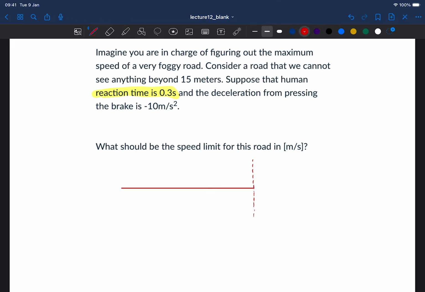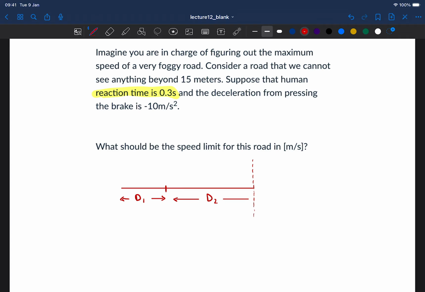So the motion is divided into two parts. The part where it's still going without deceleration and the part where you decelerate. And let's call the first part d1 distance and the second part d2 distance.